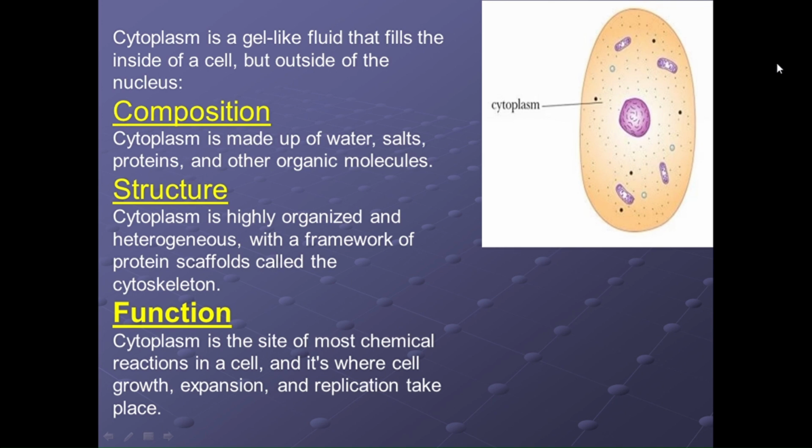Many cell organelles, for example the Golgi complex and mitochondria, are suspended in the cytoplasm. Cytoplasm is the medium for cellular chemical reactions. The part of the cytoplasm other than organelles is cytosol.